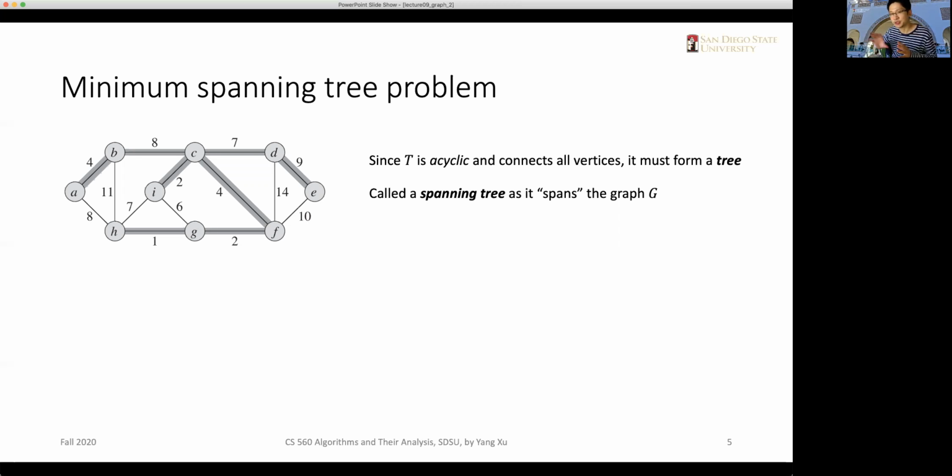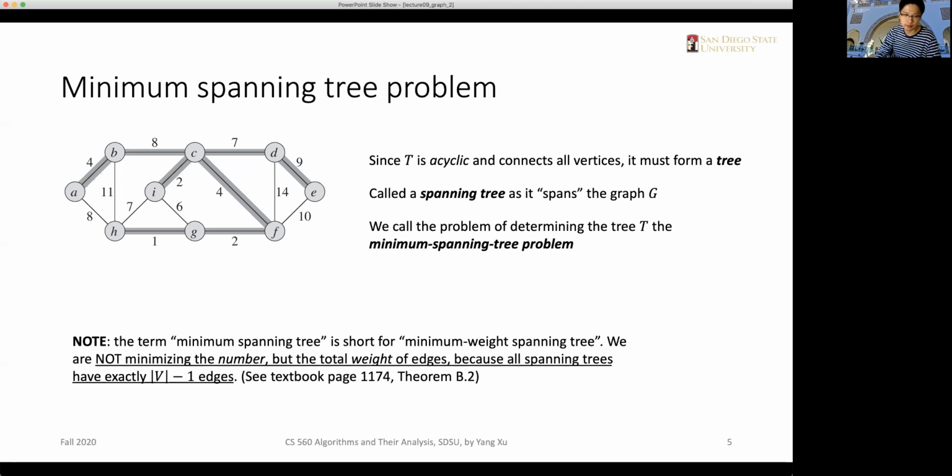That means it actually spans across the whole graph. Okay, and the problem itself is called the minimum spanning tree problem.